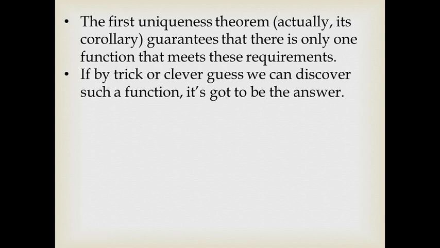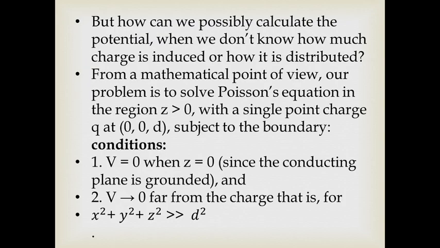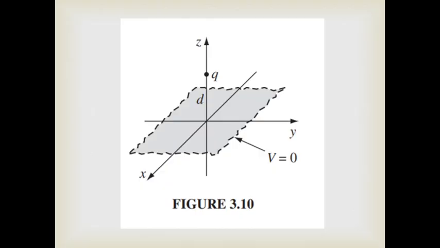Actually, the first uniqueness theorem and its corollary guarantee that there is only one function that meets this requirement. If by trick or clever guess we can discover such a function, it has to be the answer. That means we cannot get the answer directly, because charge q is contributing potential, as well as the induced charge is contributing a potential at any point in the region of interest.